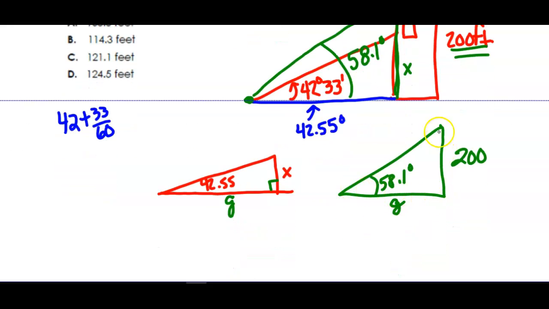So I'm going to find the distance the fireman is away from the building first. This is actually a right triangle trig problem. So we have opposite over adjacent, which is tangent.